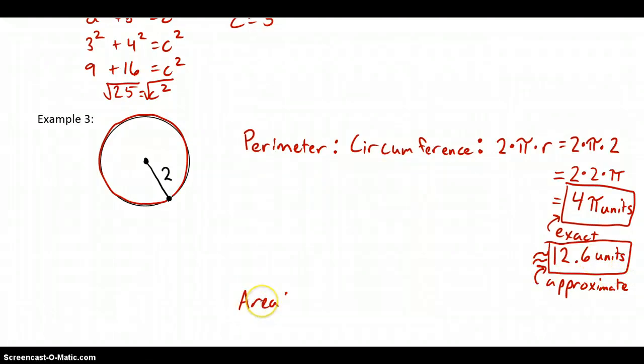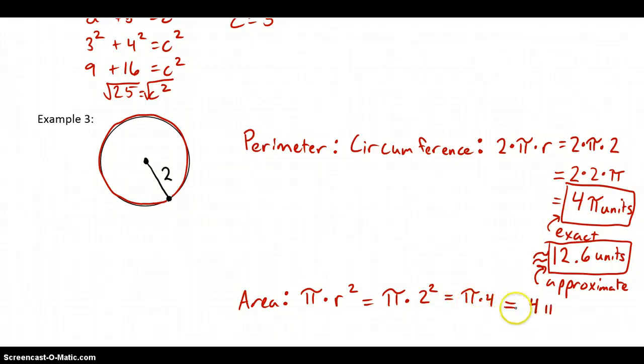To find the area of a circle, I'm going to take pi and multiply times the radius squared. So I'm going to take pi times 2 squared. Well, 2 squared is 4, so I have pi times 4, which I can rewrite as 4 pi.